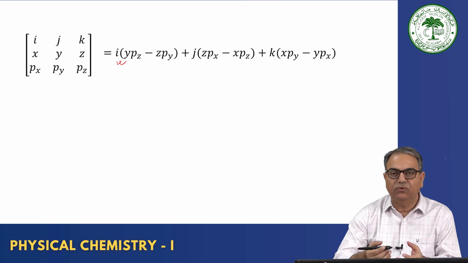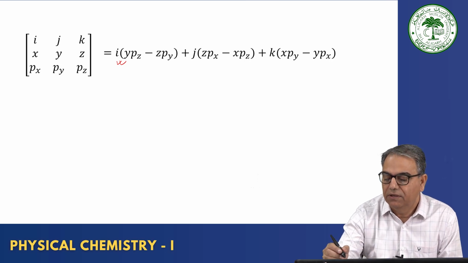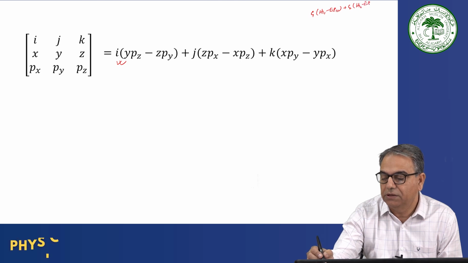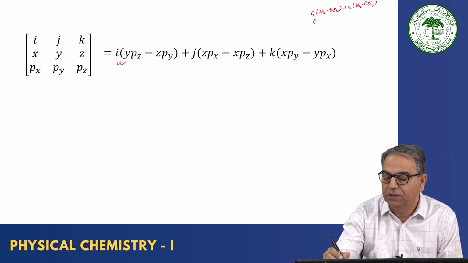If you have two simultaneous equations with two unknowns, say you have a1 x plus b1, like we will come across with this one, c1 is equal to h11 minus es11 plus c2 is equal to h12 minus es12, plus again c1 is equal to h21 minus es21 plus c2 is equal to h22 minus es22.